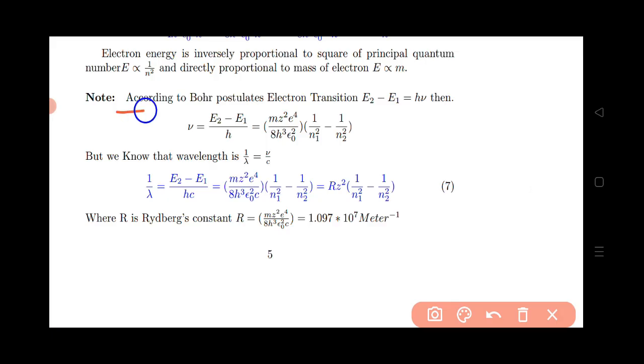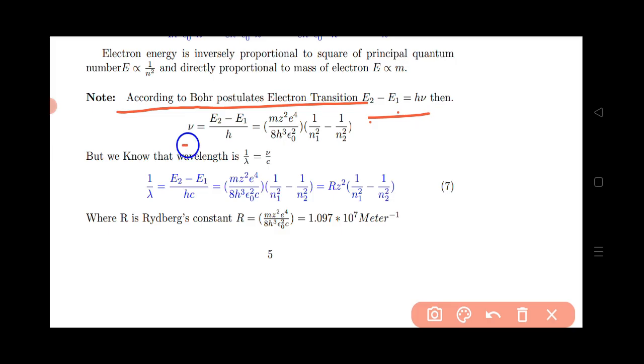According to the Bohr third postulate, in any transition E2 minus E1 equal to h times nu. Here nu is equal to E2 minus E1 upon h, and we get m Z square e power 4 upon 8 h cube epsilon naught square into 1 by n1 square minus 1 by n2 square.